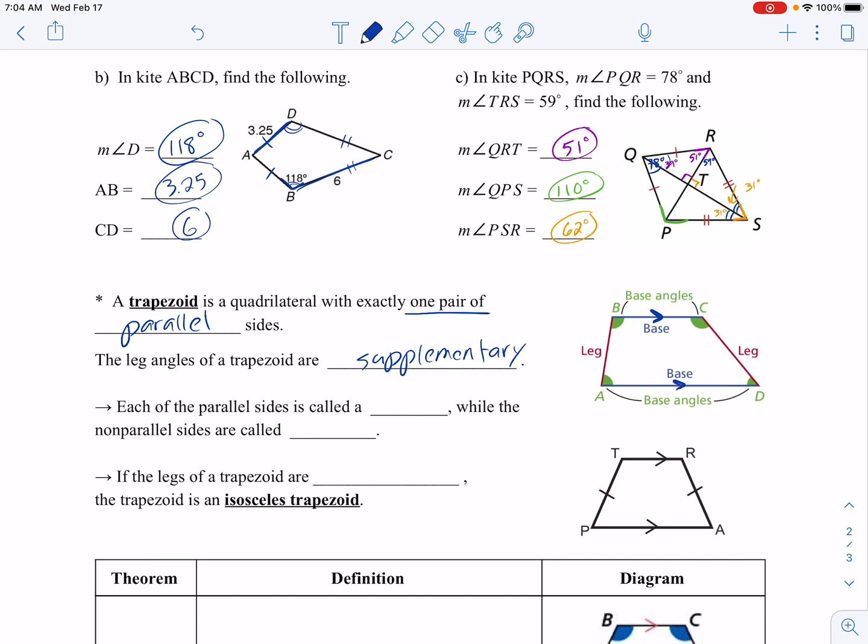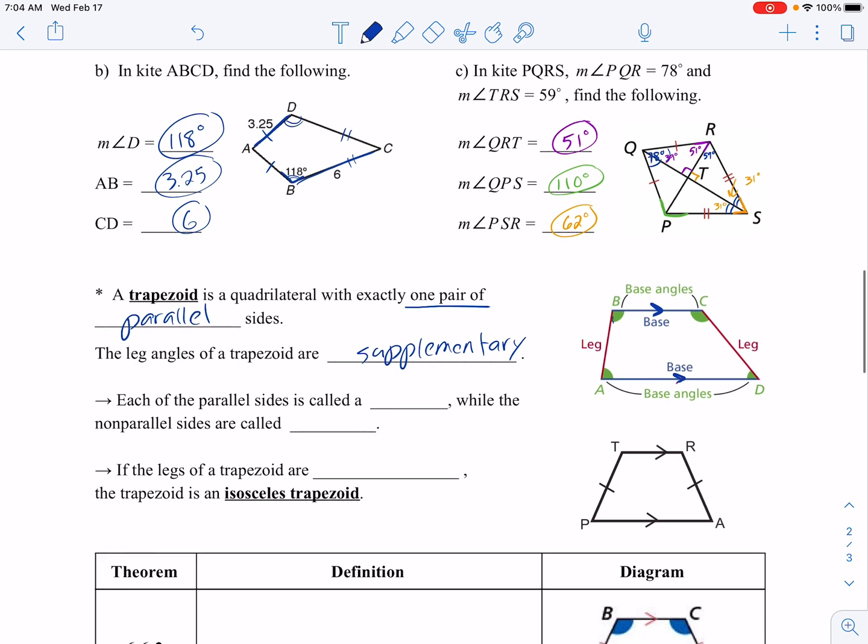Because these are parallel, you can imagine these legs being a transversal, and if a transversal intersects two parallel lines, then the two same side interior angles would be supplementary. So if this is x, this would be 180 minus x. We got that listed on there. Each pair of the parallel sides are called your bases, while the non-parallel sides are called the legs.